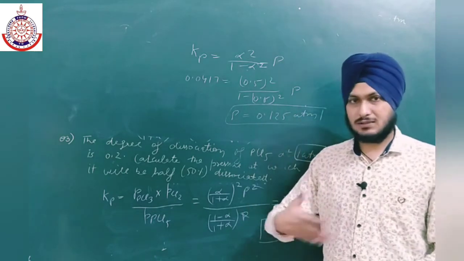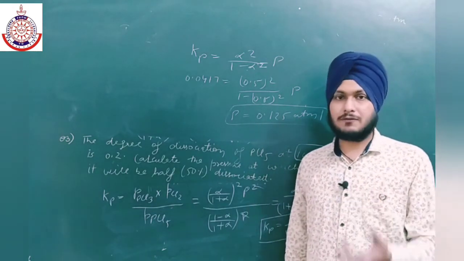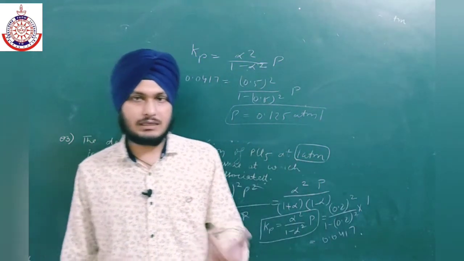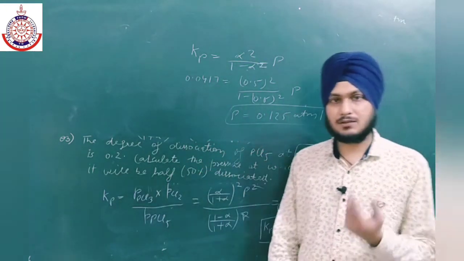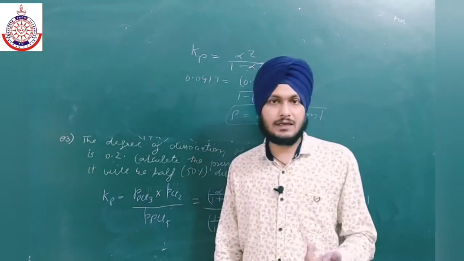There are many numerical problems given in the textbook. You can follow any book, like Pradeep's textbook, Morrison, or some other competitive books like P. Bahadur, which is also a very good book, and Chauhan is a very good book.